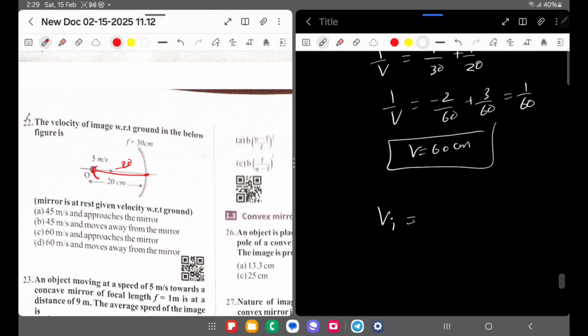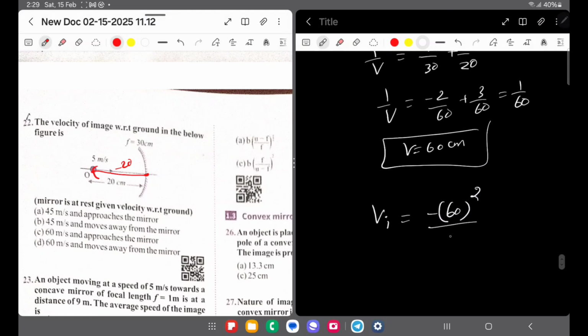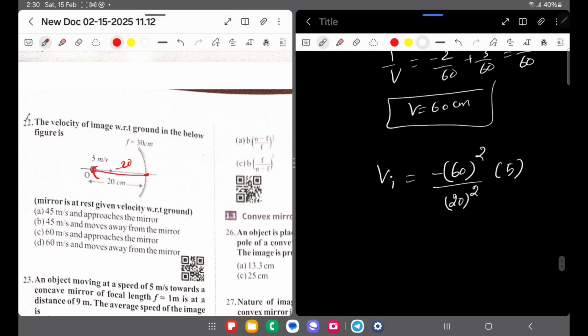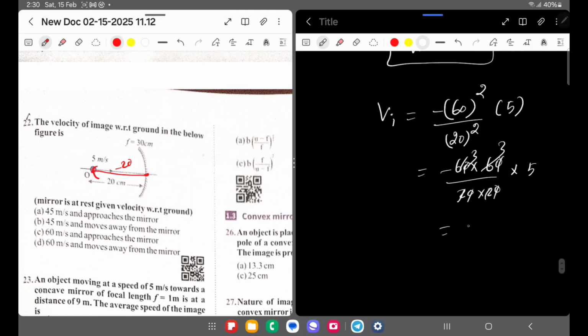The image velocity equals minus 60 square by 20 square into the velocity of the object, which we know is 5. Simplifying, 60 into 60 by 20 into 20 into 5, the zeros cancel off, it's a 3 and a 3, so 9 into 5 is 45 meter per second, with a minus sign.